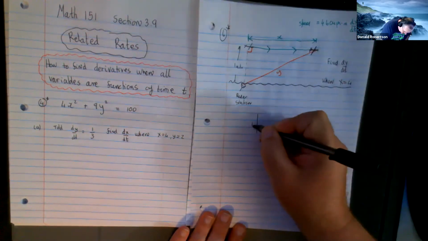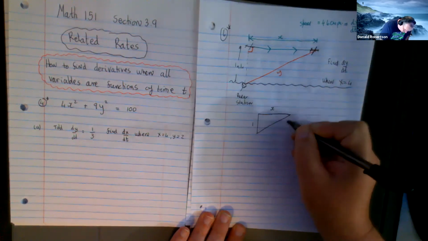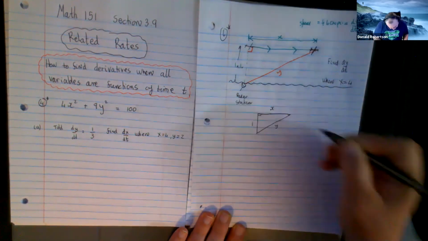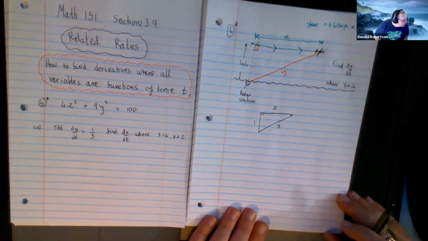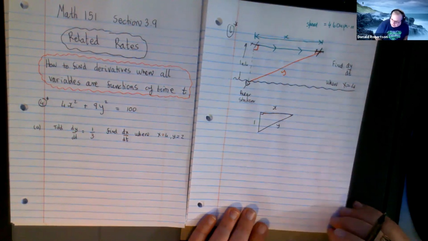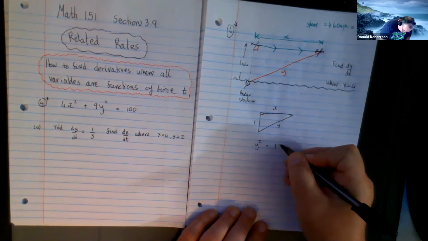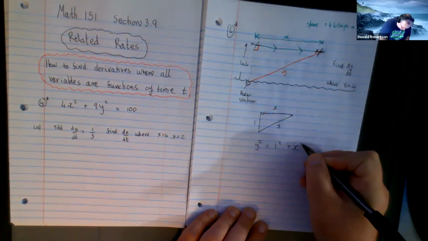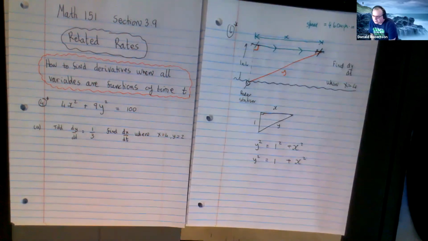This is 1, this is x, and this is y. And so Pythagoras comes to mind. Would you agree? Now, according to Pythagoras, won't the hypotenuse squared be the square of the other 2 sides? And there is my formula.